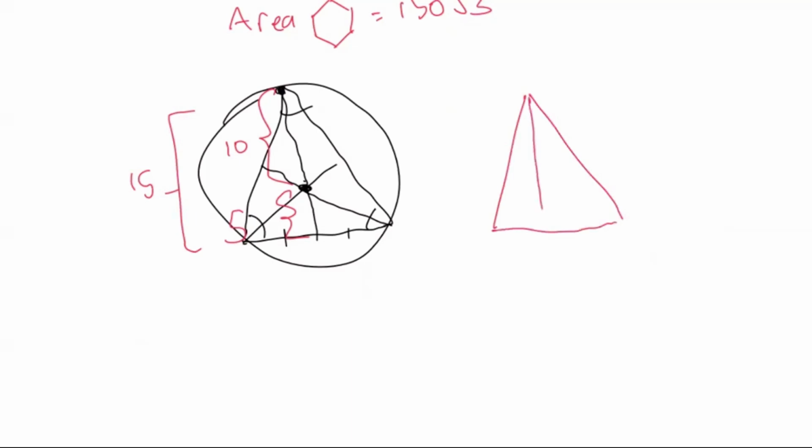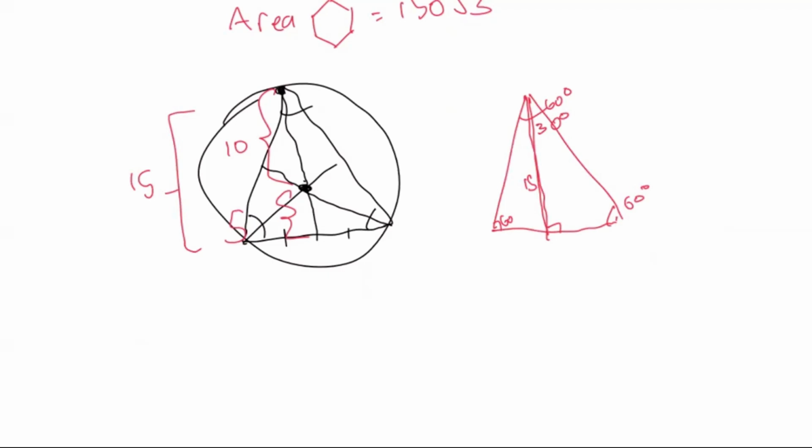So this length is 15, and this is bisected in half, so this is 30 degrees because it's the median of an equilateral triangle. The median of an equilateral triangle is the same as its altitude and the same as its angle bisector because everything is symmetric.